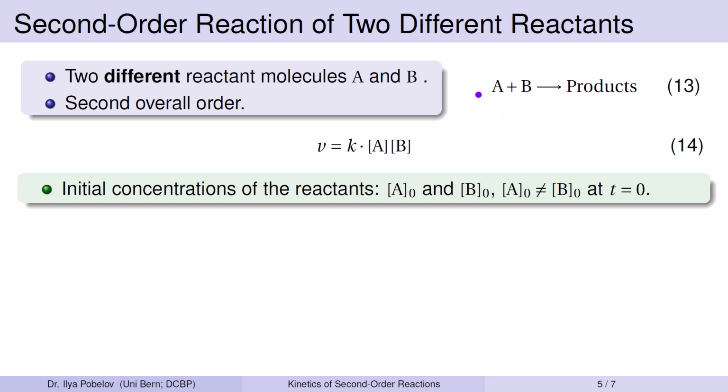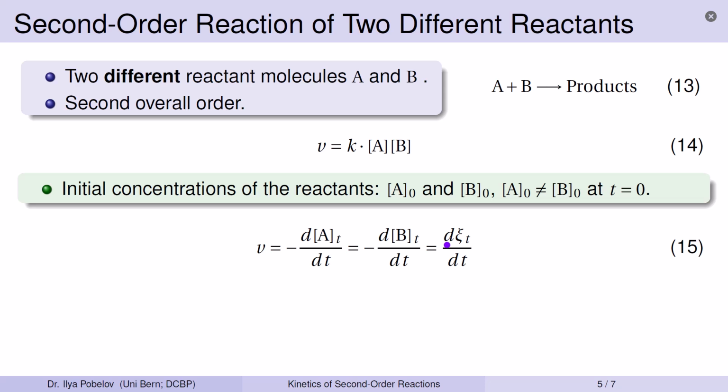This is a consequence of the stoichiometry of the reaction, where one molecule of A reacts with one molecule of B to form the products. This equal rate of decrease is expressed by the equation V equals negative d[A]/dt and equals negative d[B]/dt.